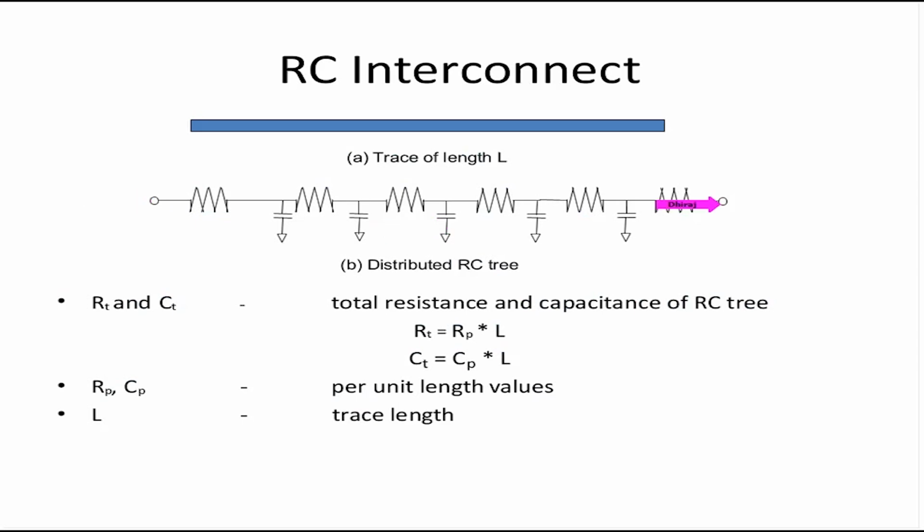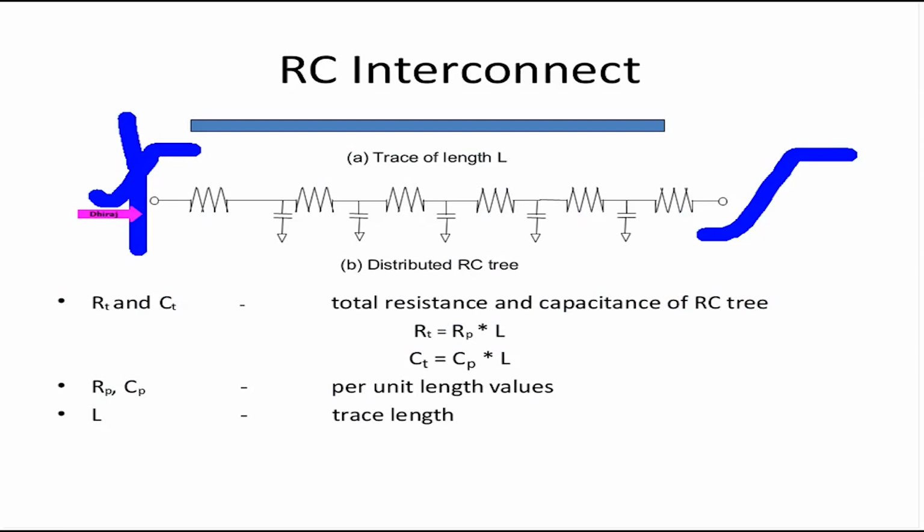Let's say this node is driven by a cell, by a buffer, and on this node there is a receiving buffer. So there will be a waveform here and there will be a waveform here. The STA tool will try to calculate the delay between these two points. It will use some algorithm to calculate the delay for this distributed RC tree.